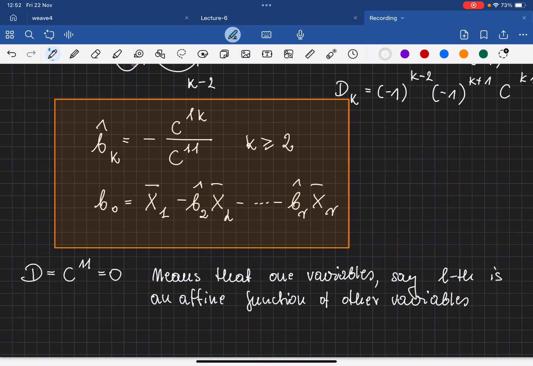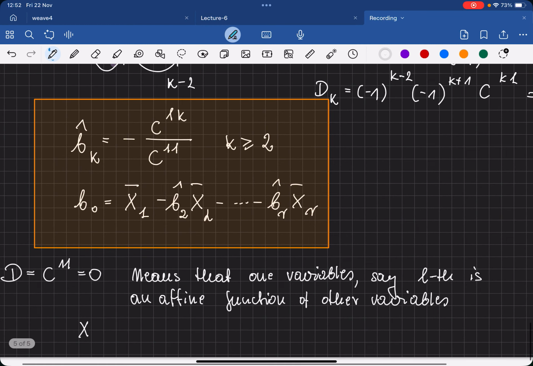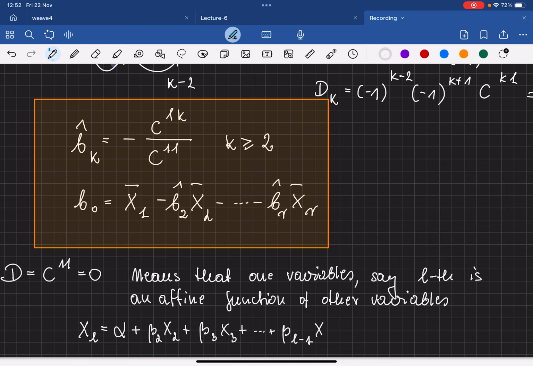Therefore it has a form xl equals some number alpha plus beta 2 x2 plus beta 3 x3, up to L minus 1. And then we resume summing from L plus 1, and we sum up to R.